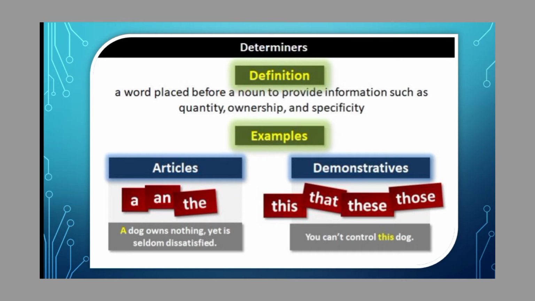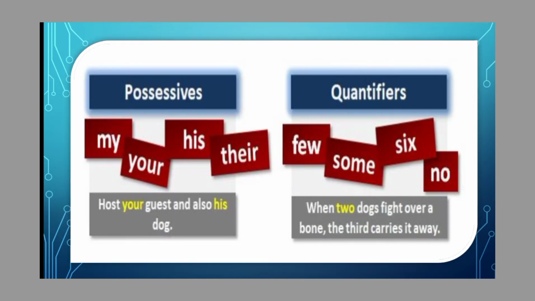He has a donkey. Here, a is an article and it acts as a determiner, like that. You can give some examples for the articles and the demonstratives in the comment box.